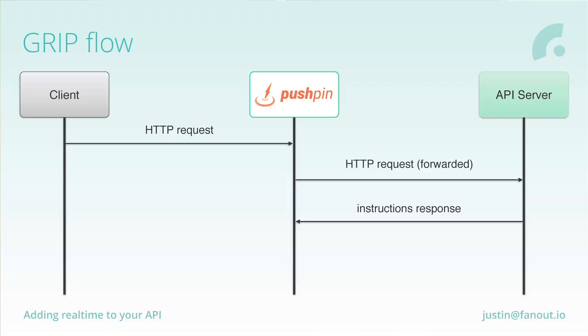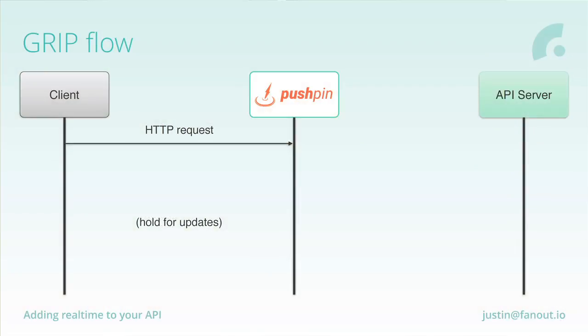But other than that, it's a regular request. And then when you reply, you can reply with special instructions, and that'll tell Pushpin to hold the connection open. Once you've replied, the transaction between Pushpin and the backend is complete, but the request between the client and Pushpin remains open. So if you had a streaming connection, it's now open, being held for updates.